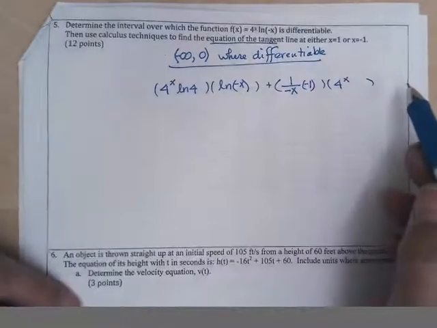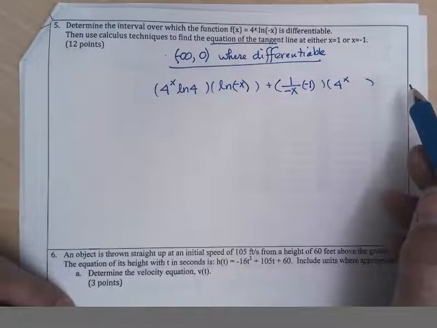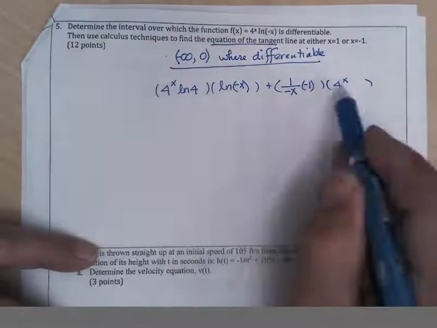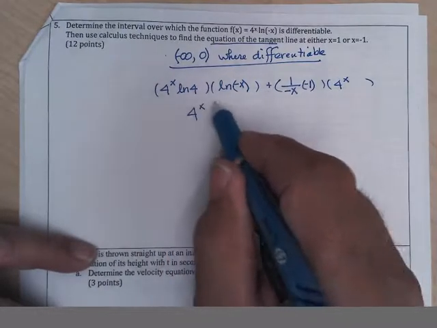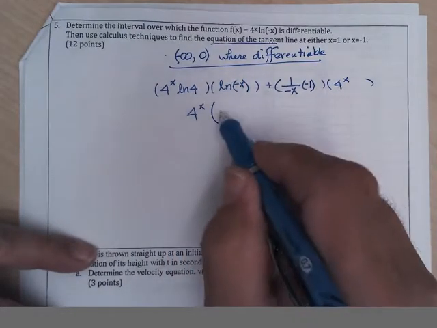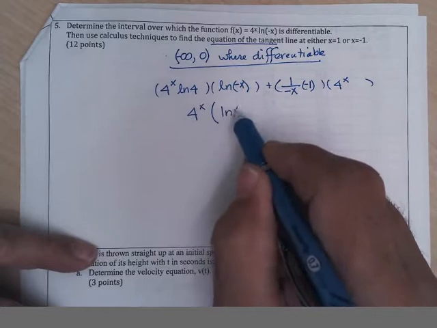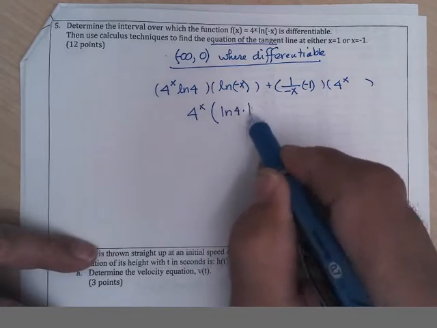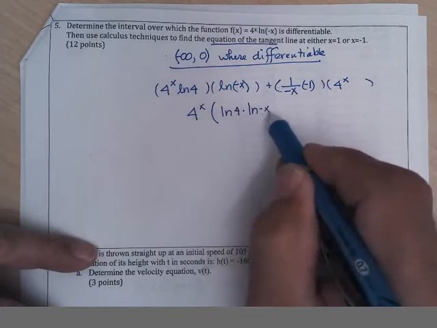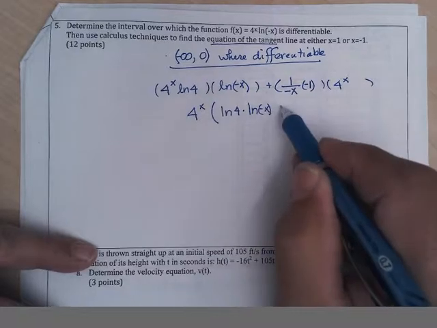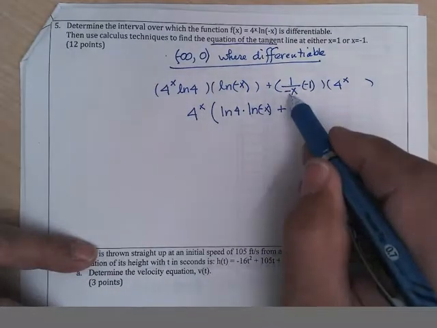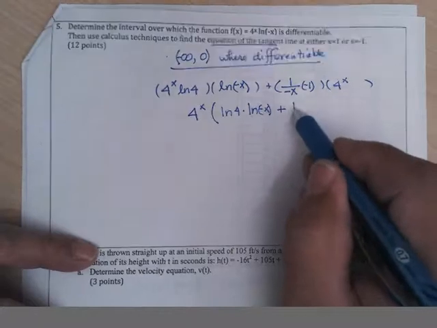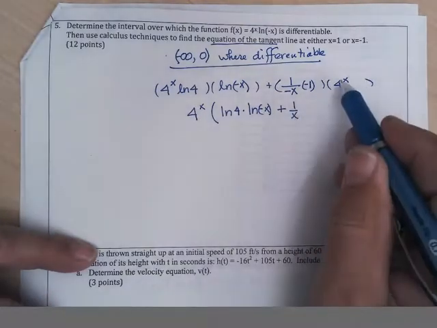So there's this. We could do some simplifying. There's a 4 to the x in both parts, so it could go 4 to the x, and we have ln 4 times ln of negative x plus the negative 1 times 1 over negative x is just 1 over x.